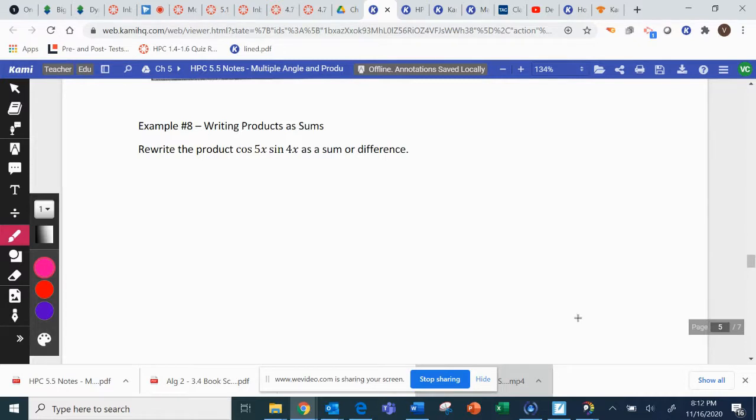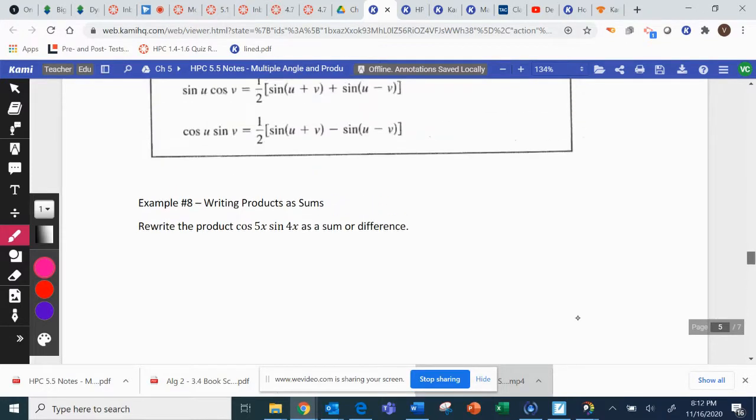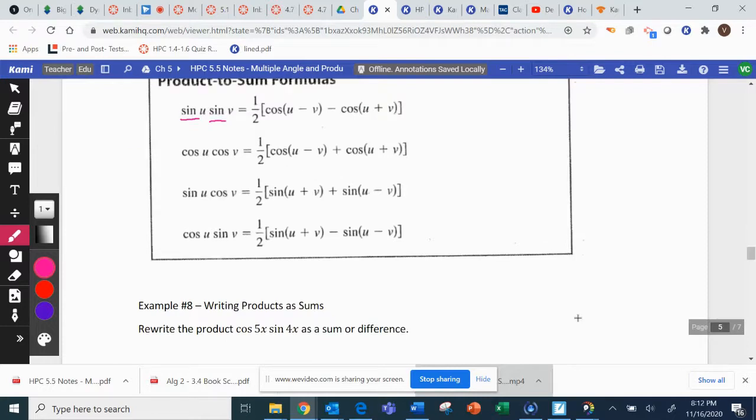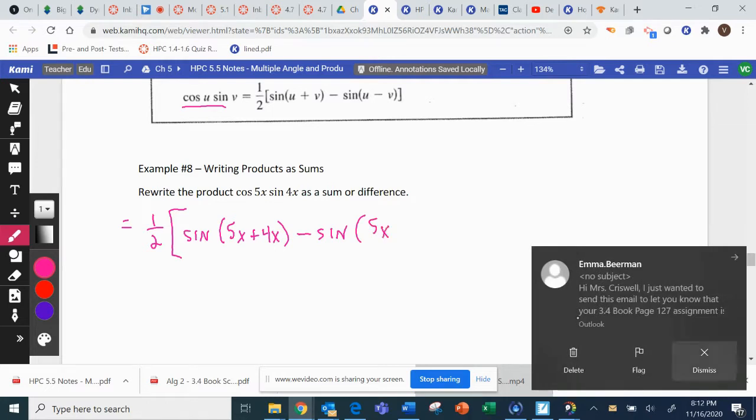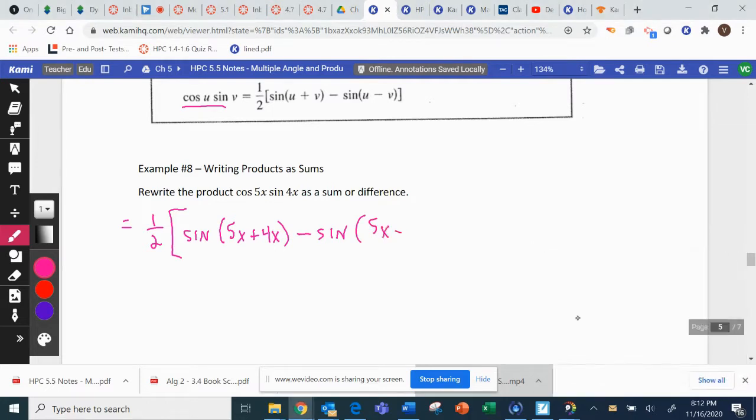So this says cosine 5x sine 4x. I'm going to look up here for which one has cosine, then sine, and that looks like this one right here. So I'm going to have 1/2, and then we're going to have sine of 5x plus 4x minus sine of 5x minus 4x.